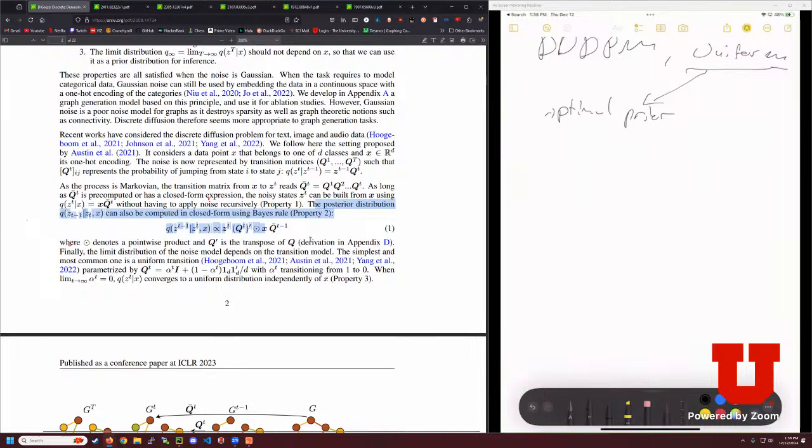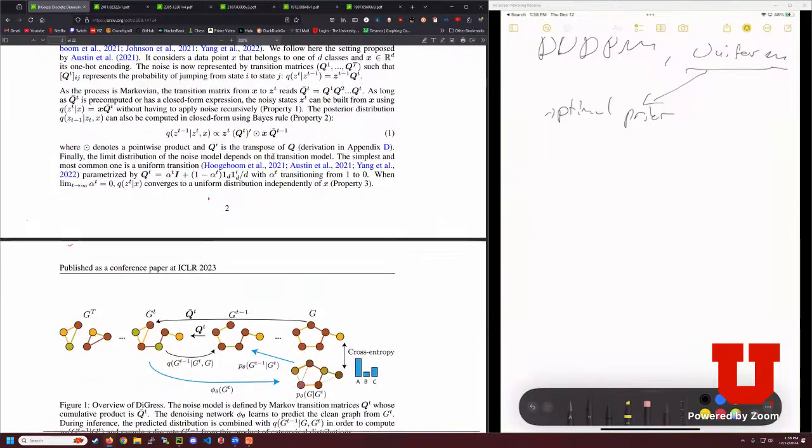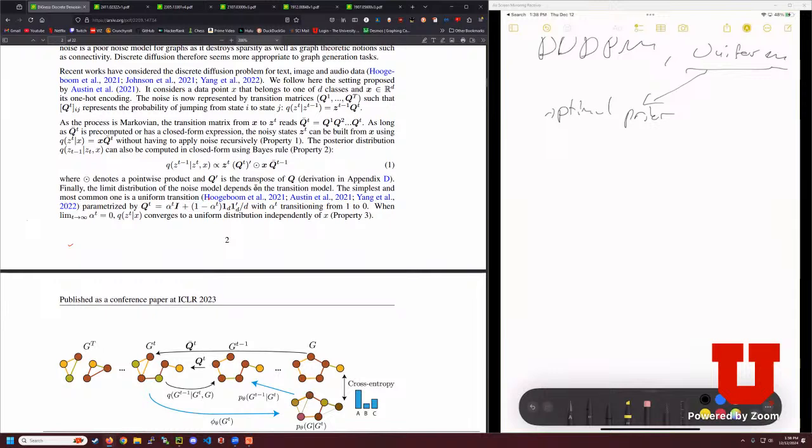Oh, so that phi network is more like a denoising network. You have a noisy graph there, and it tries to recover the true graph. It's not recovering noise, it's recovering the original graph. It's like DDIM.